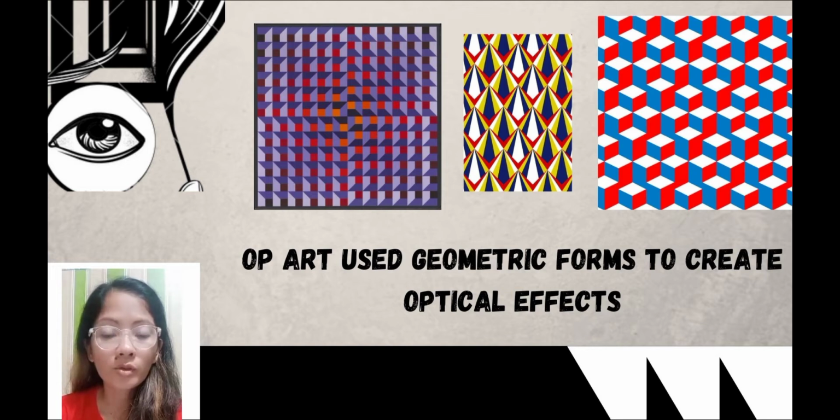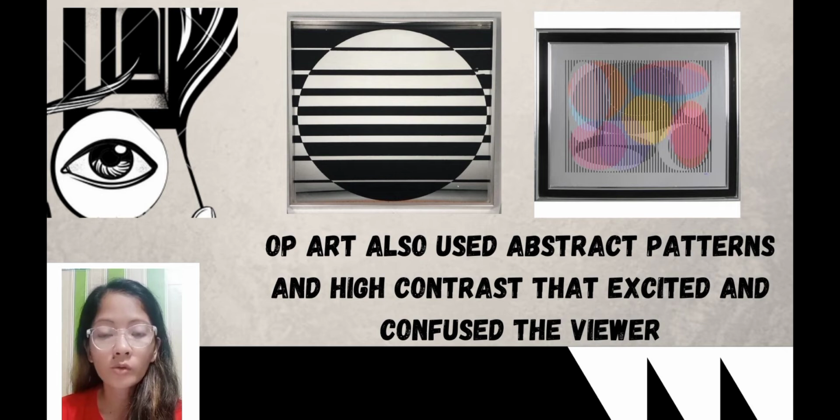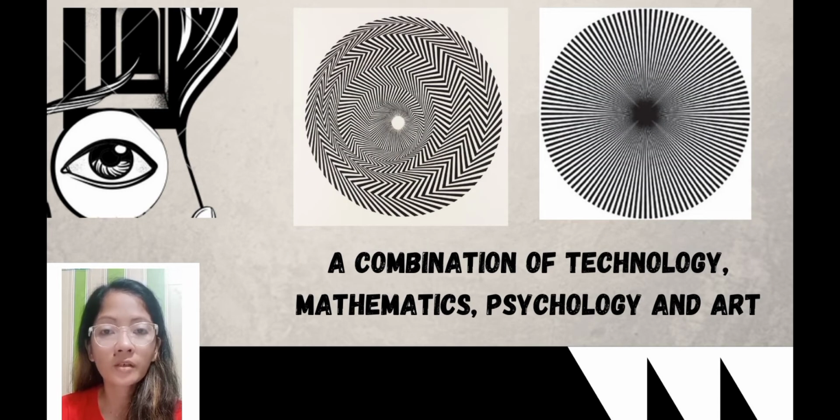Op art used geometric forms to create optical effects such as squares, diamonds, triangles, and jitter. Op art also used abstract patterns and high contrast that excited and confused the viewer. A combination of technology, mathematics, psychology, and art.